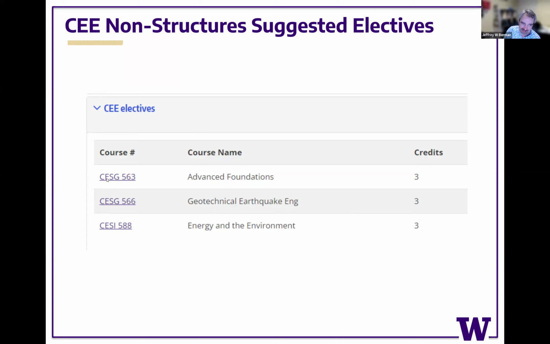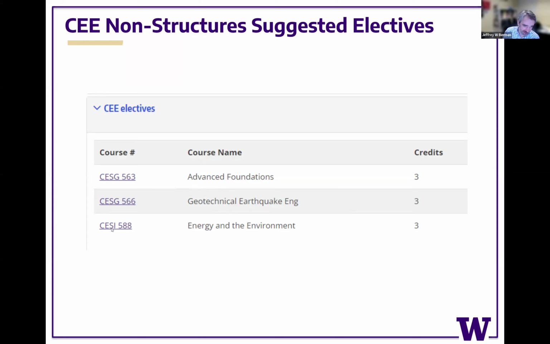They are listed under the same CESG prefix as the structural engineering courses, but they are in the 550s and 560s as far as their numbers go. And I'm listing a couple here that are particularly good: advanced foundations and geotechnical earthquake engineering. They're particularly solid classes that pair well with our structural engineering course offerings.